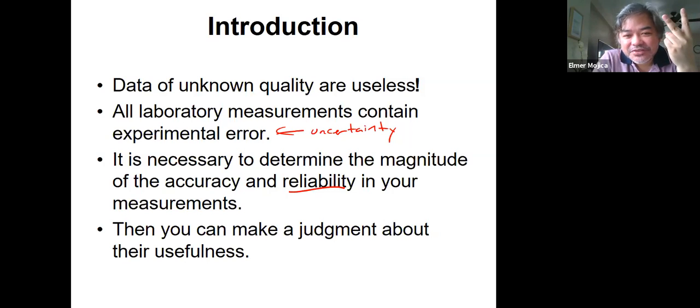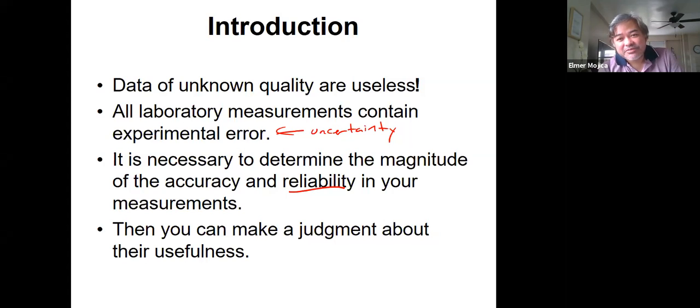Two negative results. Okay? So whenever you're going to do the measurements, you have to have an idea how accurate it is. What is the reliability of the measurements? Because if it's not reliable in the first place, are you going to do the experiment?